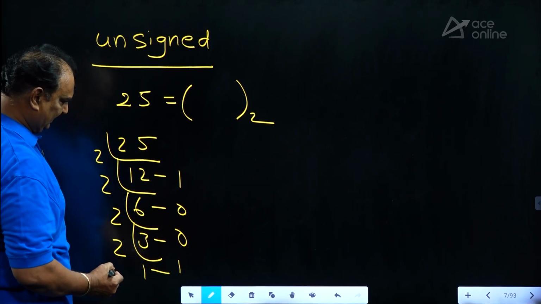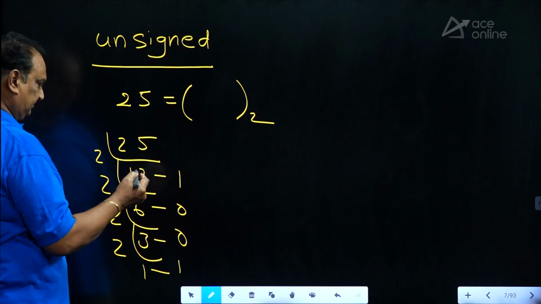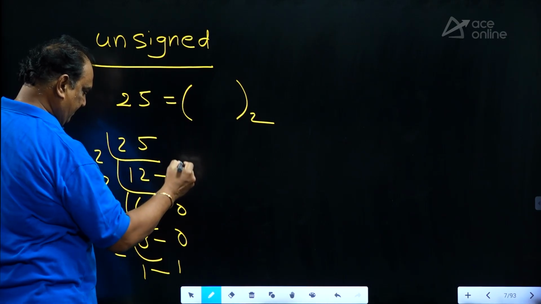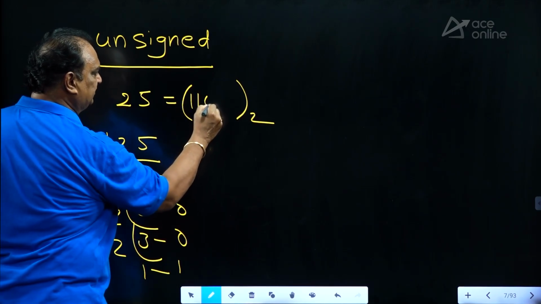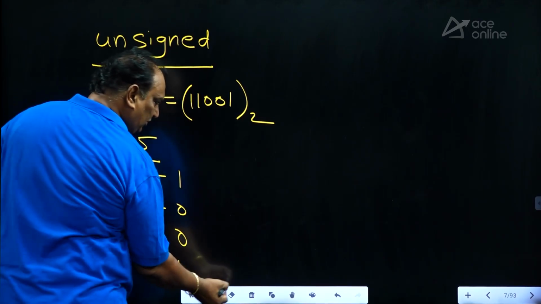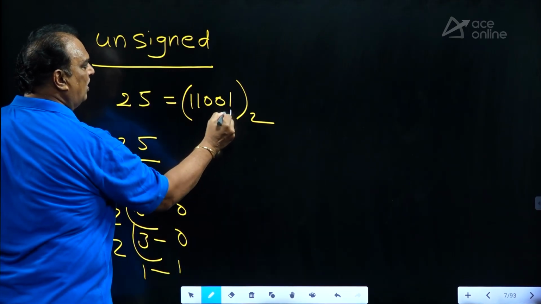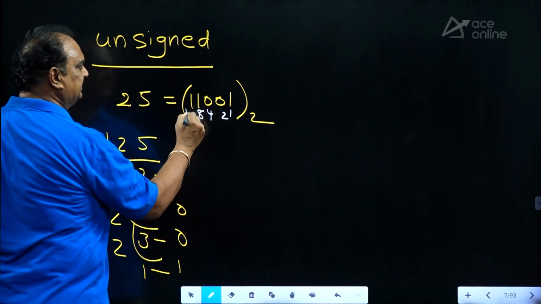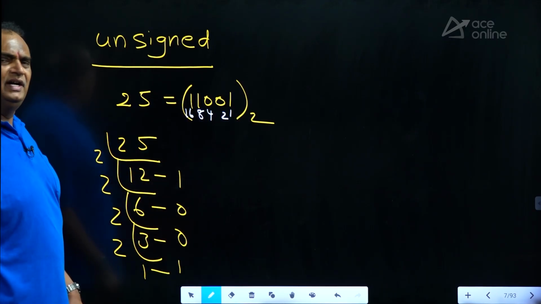So, finally, what about our answer? Our answer is nothing but 1 1 0 0 1. If you have any doubt in our answer, here 1 2 4 8 16 self check is there, nothing but 25. It is the longest method.